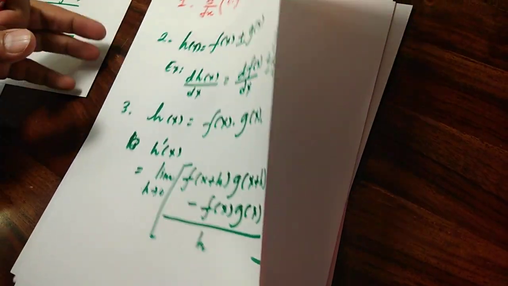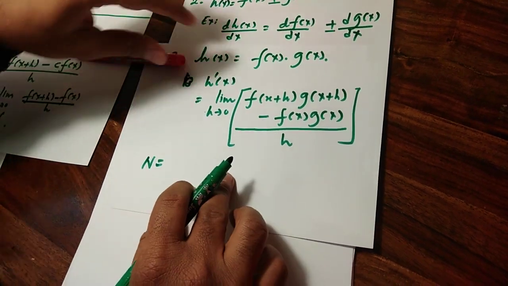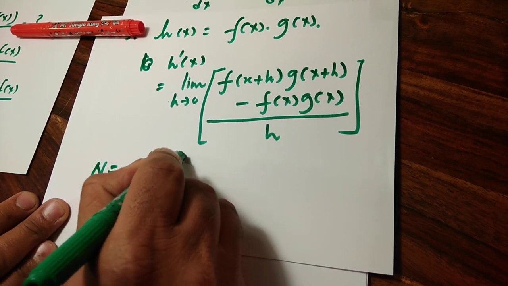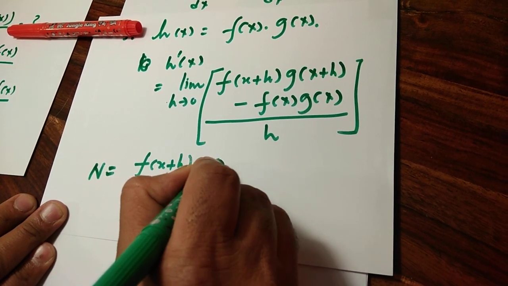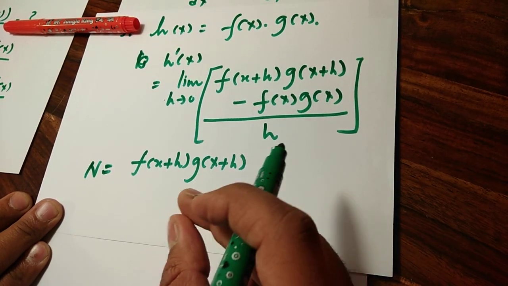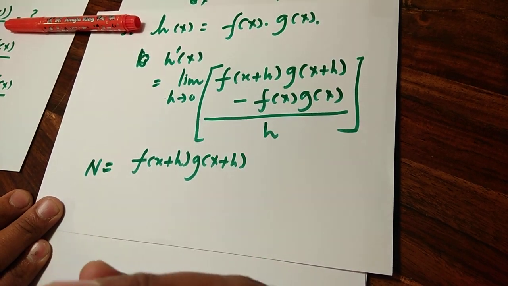Let's look at the numerator: f of x plus h times g of x plus h, then you have this term. I'm going to add and subtract the same thing so that I add 0.